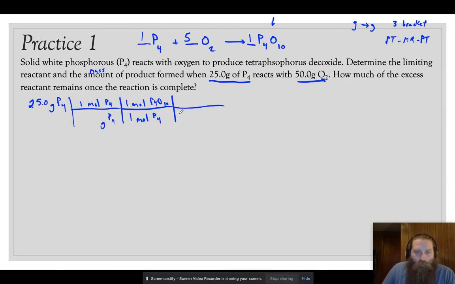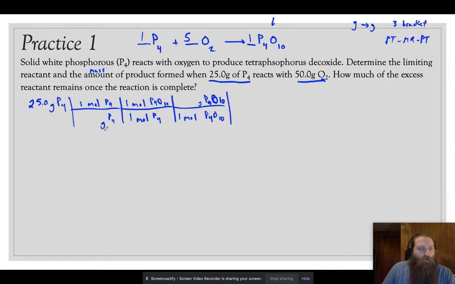And then we need to get mass, so 1 mole of P4O10 is going to be some grams of P4O10. All right, so there's my setup.